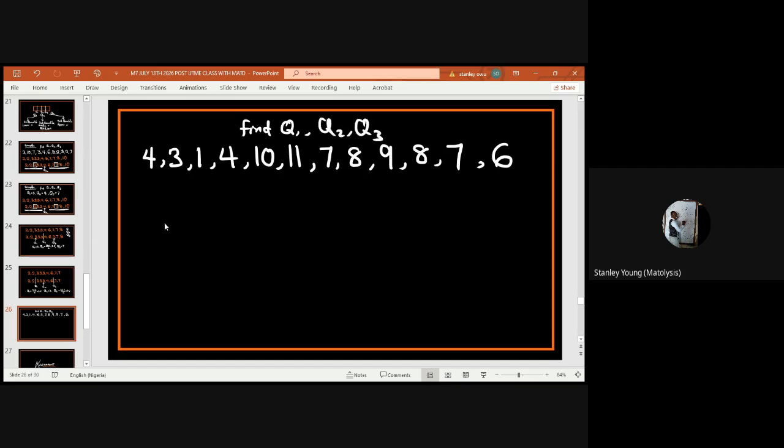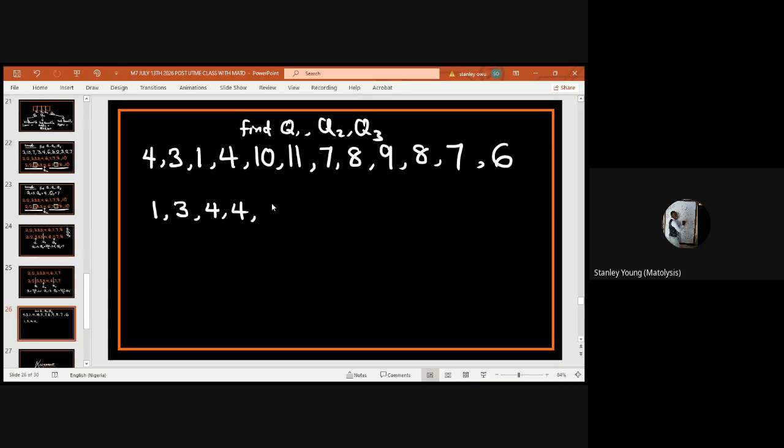In the orderly arrangement, let's start with the smallest here. We have 1, which appears once. There is no 2. There is a 3, which appears once. There is a 4, which appears twice. There is no 5.